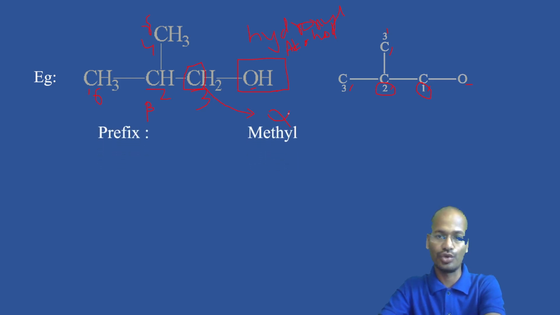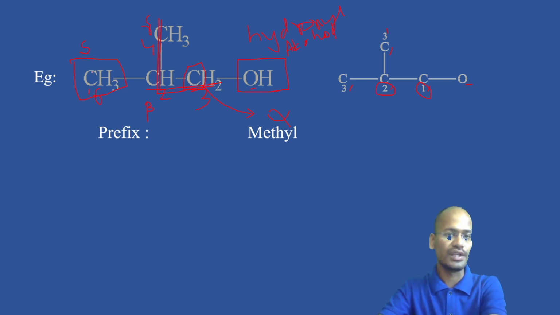The prefix is going to be methyl. For example, if I consider this as a substituent, I can consider either 3 or 3 dash, any one, as a substituent. For our easy understanding, let me consider this as a substituent, this L-shaped thing as a chain, and this as a substituent.